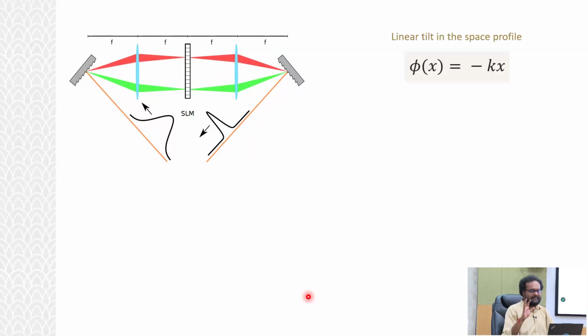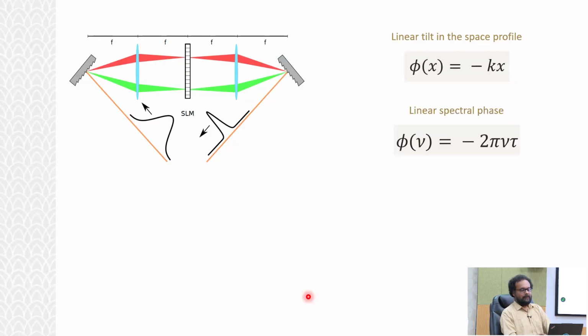Now let's take a condition where you apply a linear tilt in space profile. A linear tilt. Okay, phi of x on the SLM is minus some k times x. Now that will correspond to a linear spectral shift of minus 2 pi nu times tau. The tau depends on how much is the slope of the phase that you apply, the linear phase.